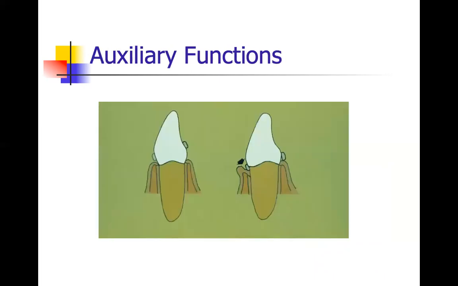Apart from the primary functions, there are a few auxiliary functions of the rest. The rest maintains the components of the denture in their planned positions and prevents spreading of the arm. You can see the clasp arms are maintained in their planned position.